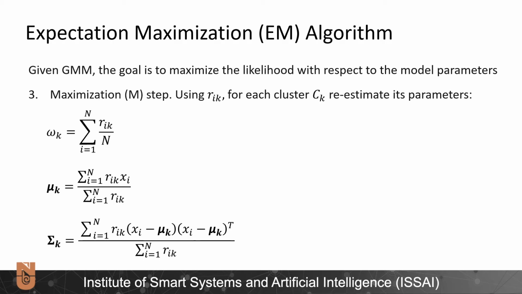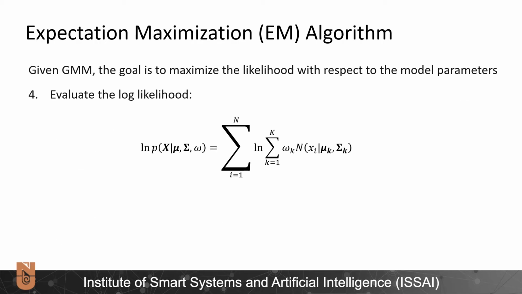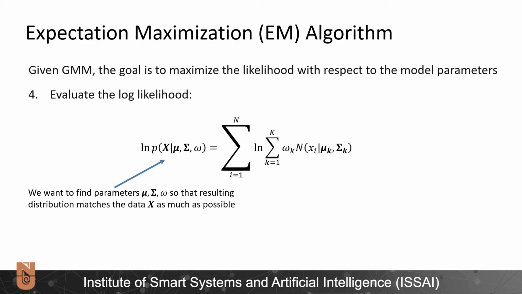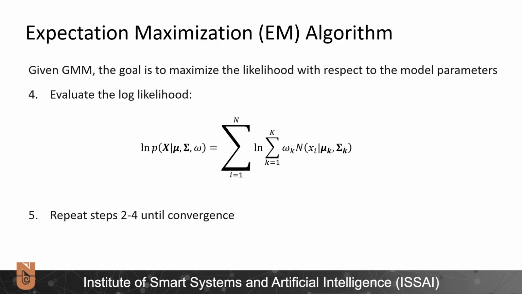Using the responsibility factor calculated before, we will re-estimate parameters omega, mu, and sigma for each component. After updating parameters, we will evaluate the log likelihood of the data x given our new parameters. We want to find parameters so that the resulting distribution matches the data x as much as possible. We will repeat steps 2 to 4 until convergence.